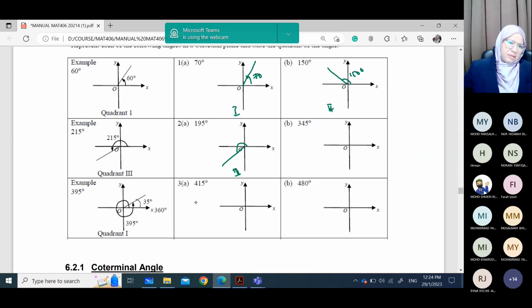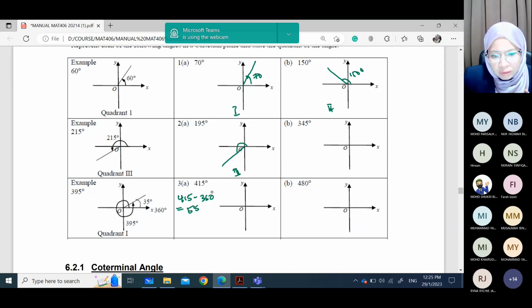415 degrees. Macam mana ni? Kita ada satu putaran lengkap 360 darjah. Okay, so yang ni 415 tolakkan dengan 360 darjah. Jadi ada berapa balance tu? 415 minus 360, 55 degrees.